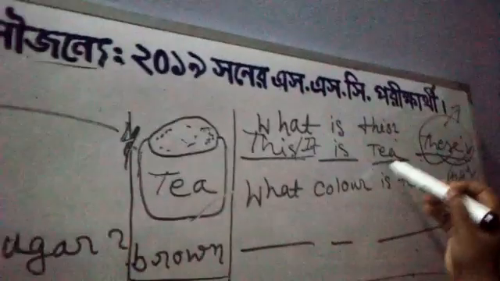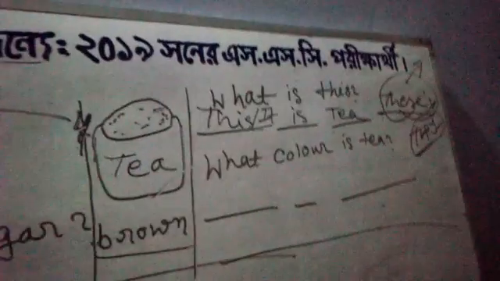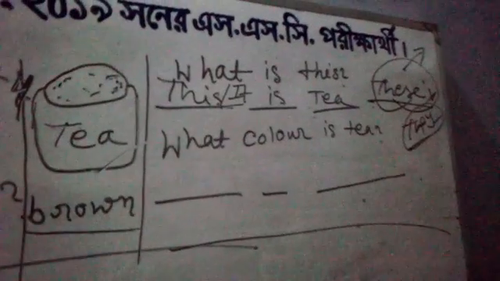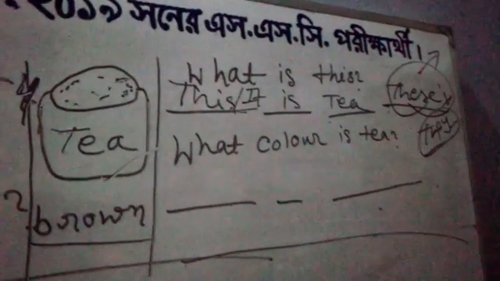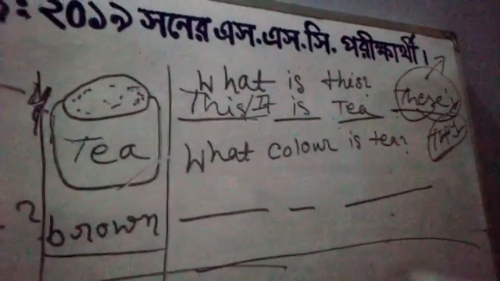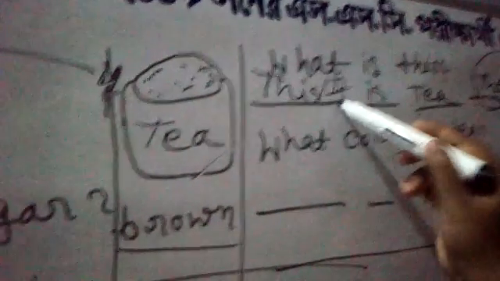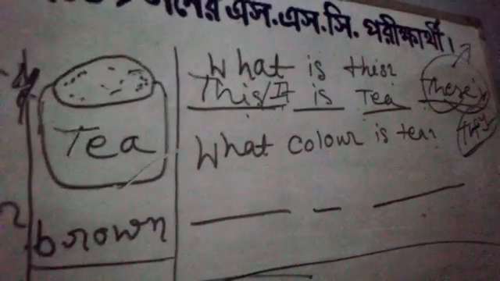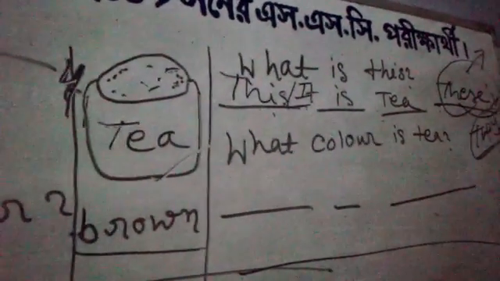But see, tea, as I told you, is an uncountable noun here, and for uncountable nouns, especially liquids, we will consider it as singular. So for singular you can use the pronoun this or it. Sometimes there are others, but for now this or it will be applicable.